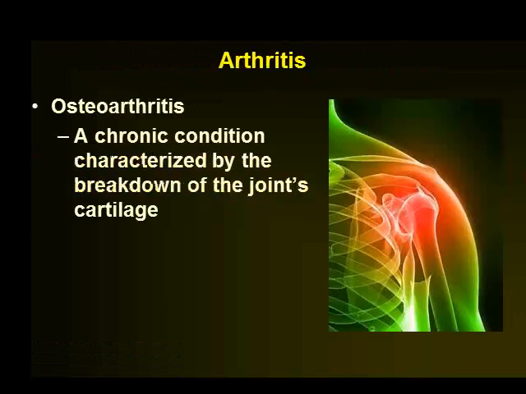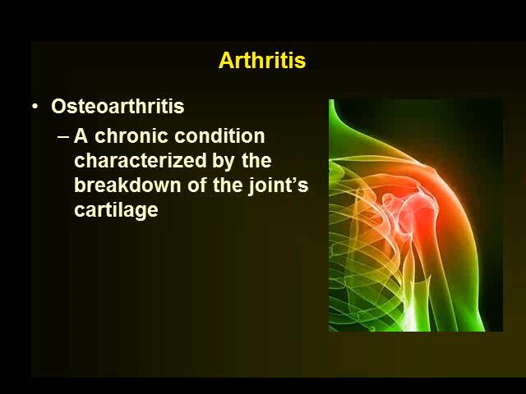So some of these non-traumatic disorders, arthritis, this is one that we deal with very frequently, yet we don't usually deal with the patient for this problem. Most of the patients that we deal with in EMS, of course, are elderly, and the elderly typically have osteoarthritis. It's a chronic condition characterized by a breakdown of joint cartilage.